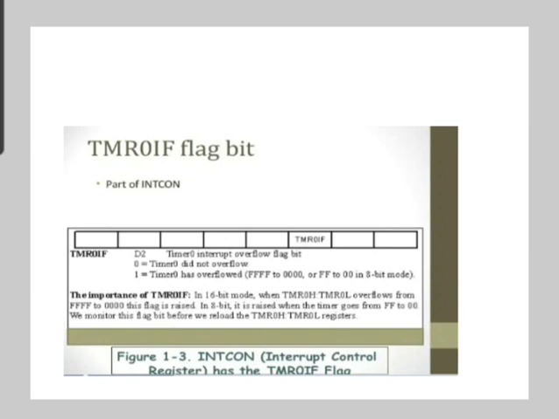So timer 1 is a 16-bit timer which is controlled by the register T1CON. Timer 1 can be operated as either a timer or a counter. When bit TMR1CS of register T1CON is low, then the clock frequency is selected for the timer.